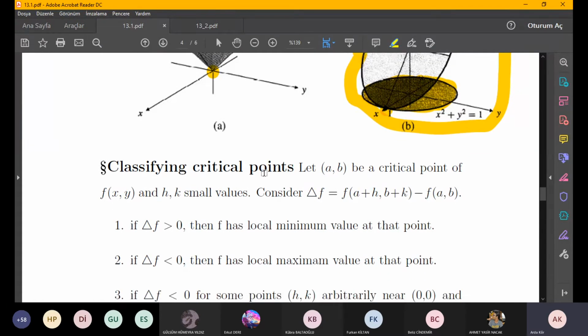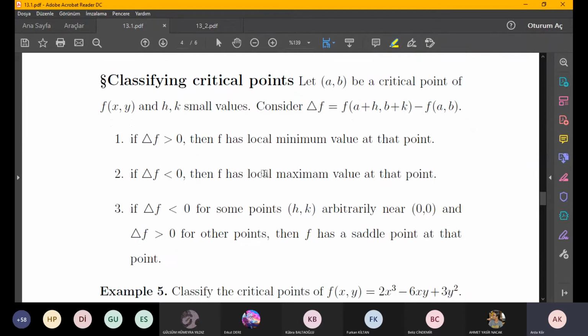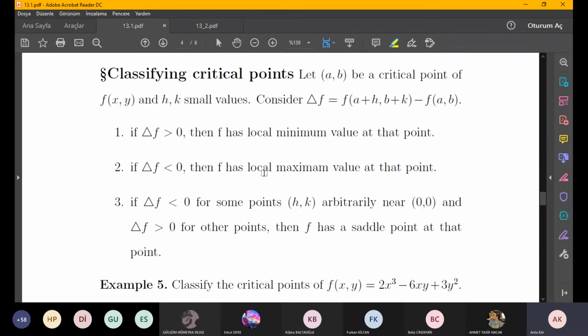This is one method, let's say, for the local extreme values. Now here we will have a method to classify all critical points.